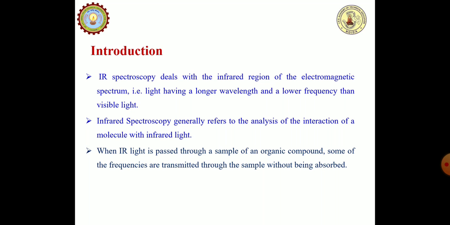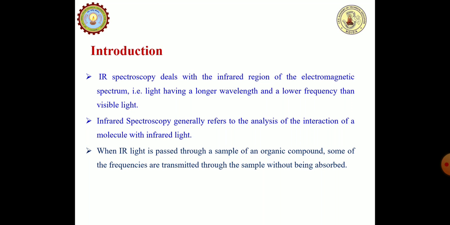Infrared spectroscopy deals with the infrared region of the electromagnetic spectrum, that is, light having longer wavelength and lower frequency than visible light. Infrared spectroscopy generally refers to the analysis of interaction of the molecule with infrared light.